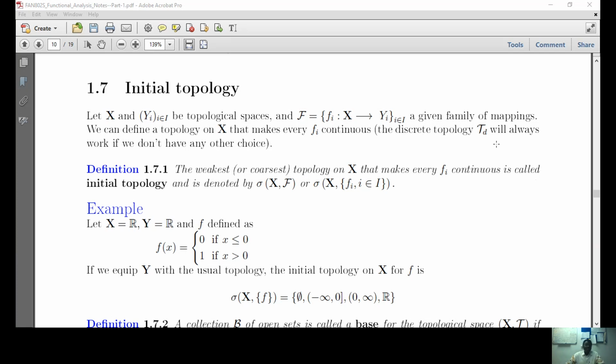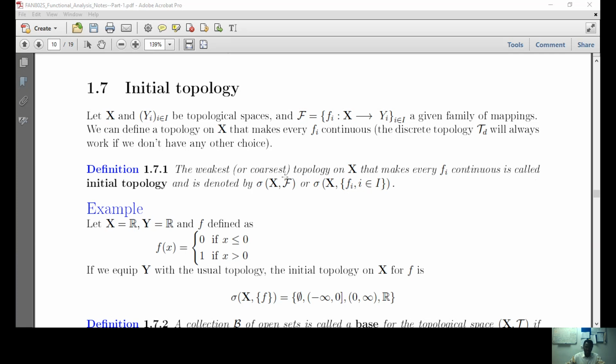Okay. There might be many, but the weakest or the coarsest or the smallest topology will be the one that we will keep, right? It's like a topology generated. That's the smallest. So that's why we call it sigma_X,F. So the weakest or the coarsest topology on X that makes every f sub I continuous is called the initial topology, and it's denoted sigma_X,F.